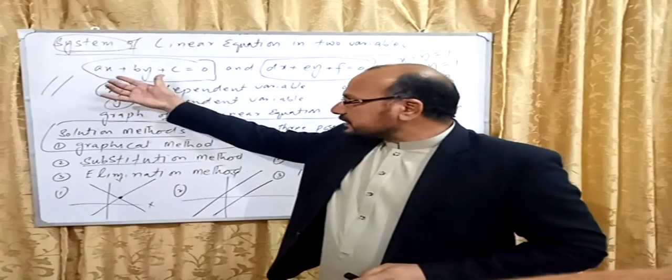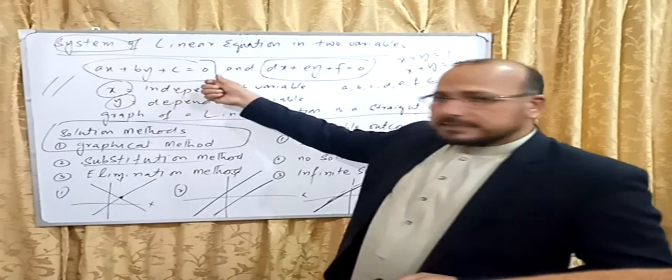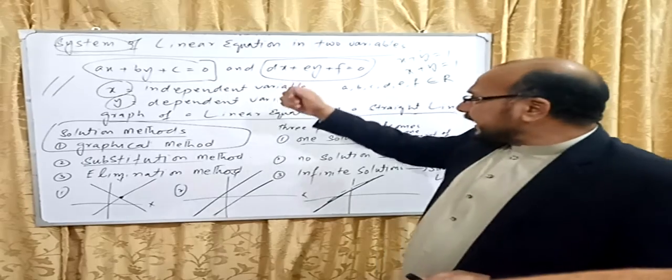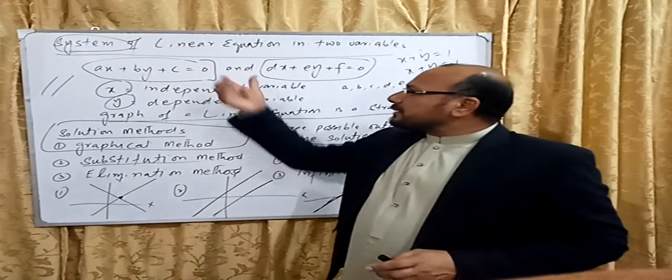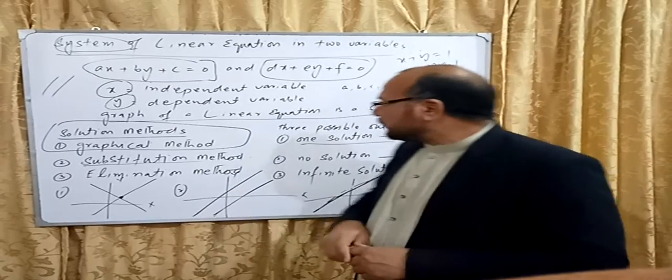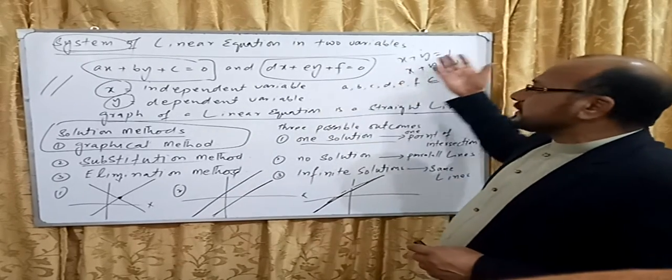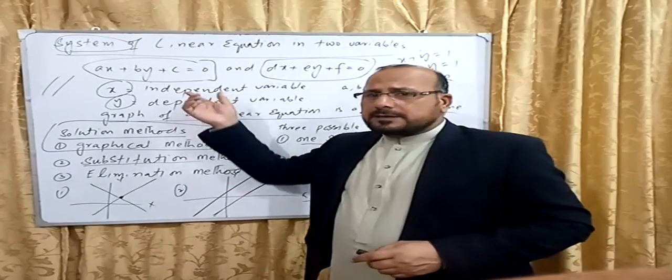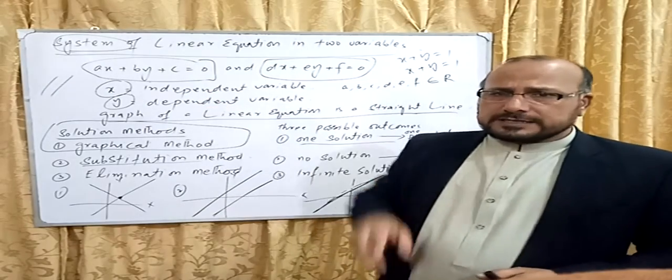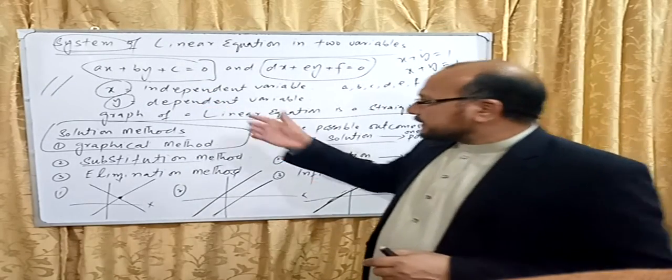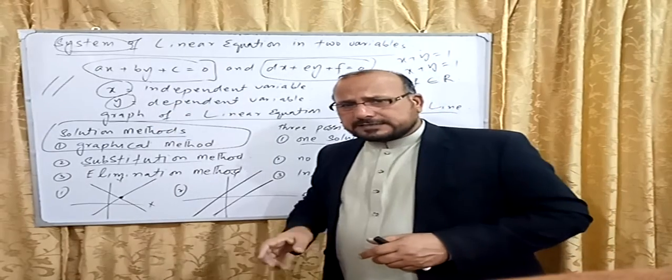The equations of the form ax plus by plus c equal to 0 and dx plus ey plus f equal to 0, this particular form is called the system of linear equations, where x is the independent variable, and when we show it graphically we put values in place of x, and y is the dependent variable.